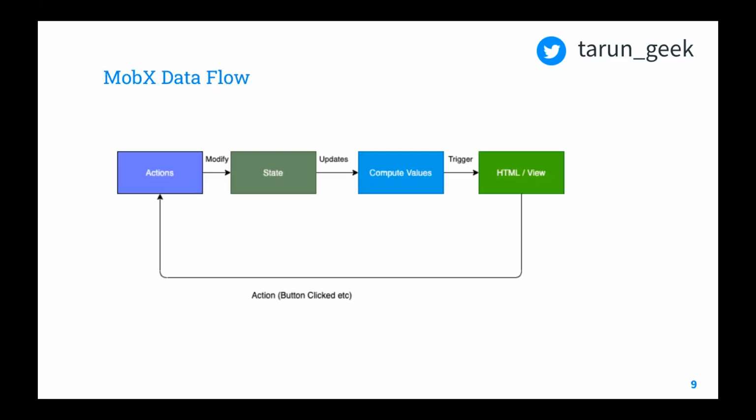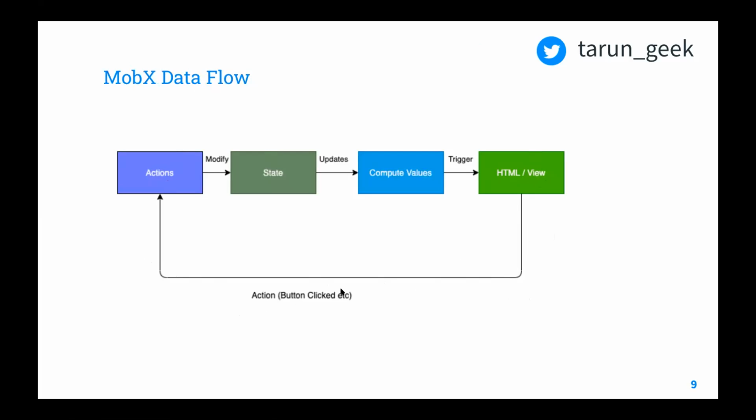So this is the data flow of MobX. We have all the actions. An action can be anything, like from your HTML you click a button like submit form, or you hit an API like show me my data.